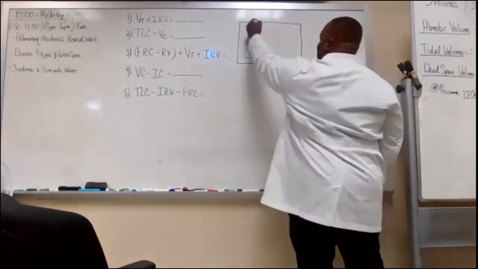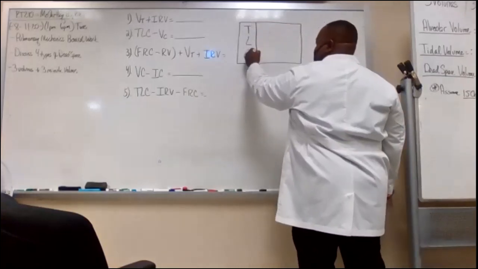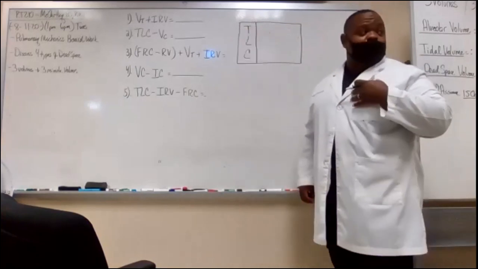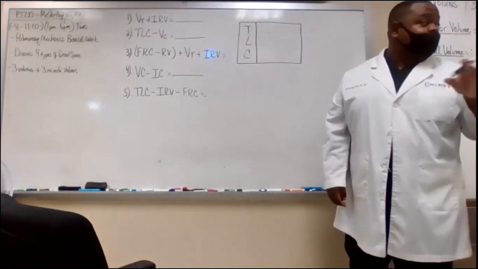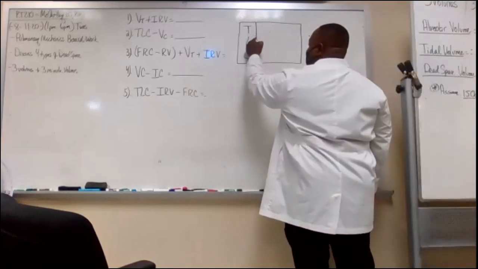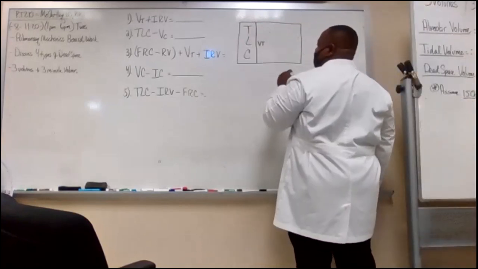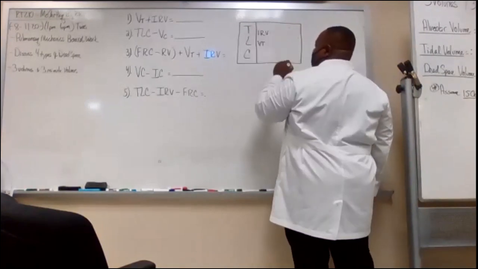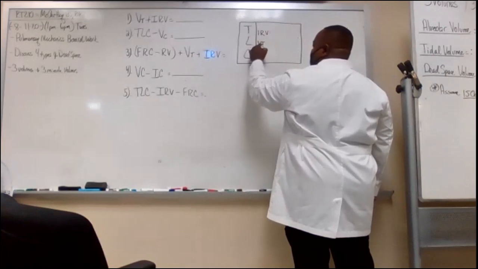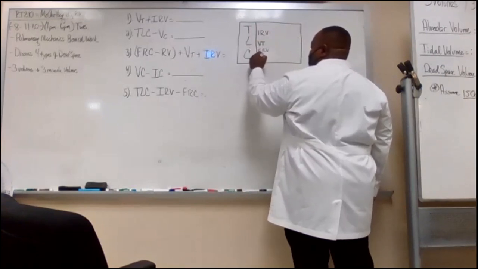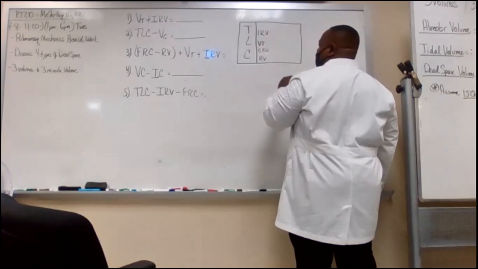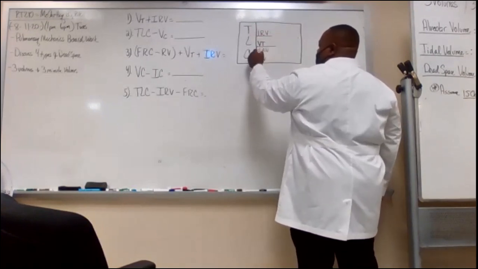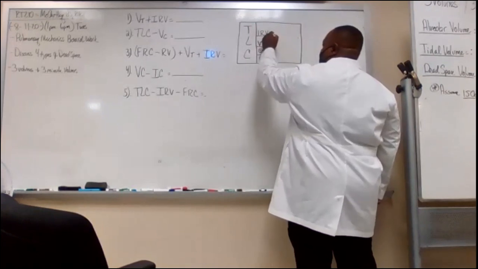All right, I can go ahead and make my line right here because this is TLC. Then I always do tidal volume first, okay? So I'll put a VT right here, right? Above VT is IRV. Below VT is ERV, and then RV. All right, so I'll go ahead and make my little lines like that.